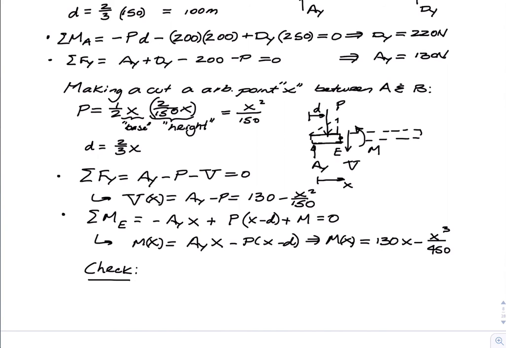And that is that V of x, we know, is equal to dM/dx. So if I take my expression there for M, I take a derivative with respect to x, I get 130 minus x squared over 150. And the good news is that's what we got right up here.